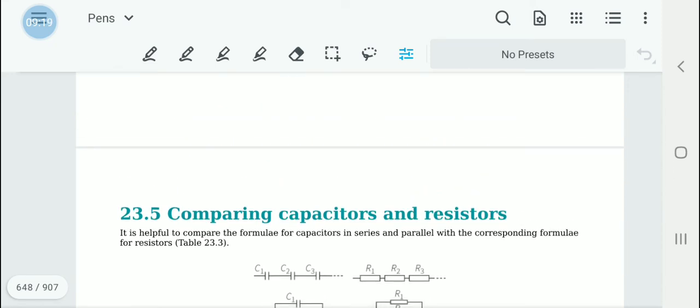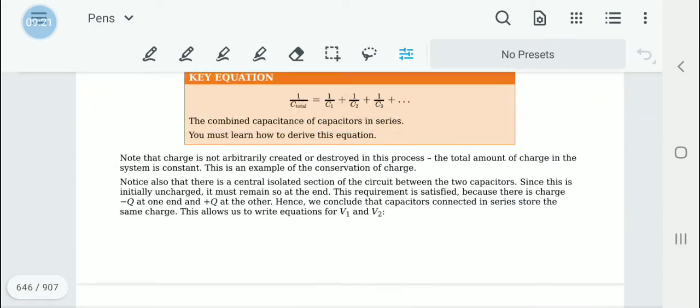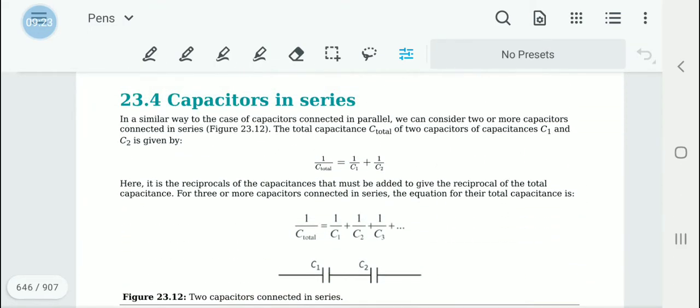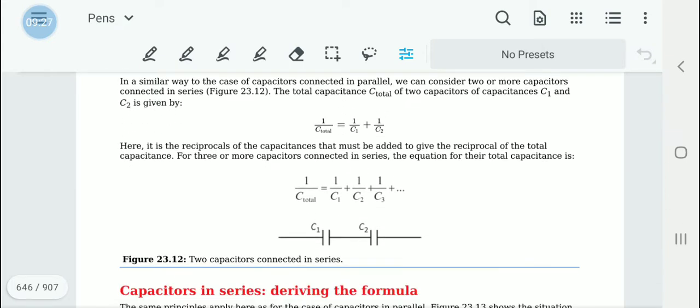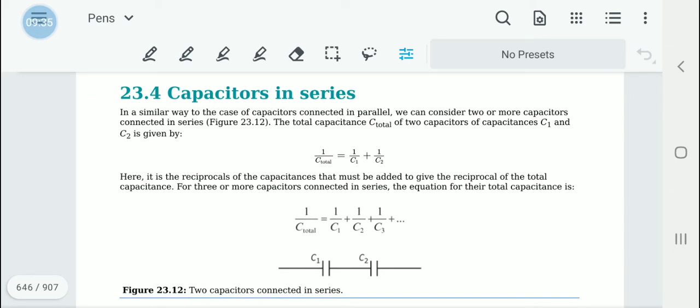Before we move to comparing capacitors and resistors, let's write down a note on this. Capacitors in series. When capacitors are connected in series, the total capacitance is obtained as follows.